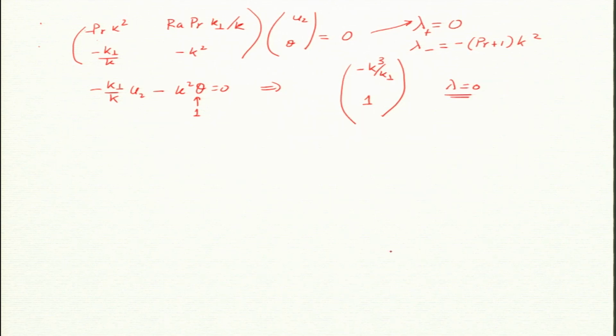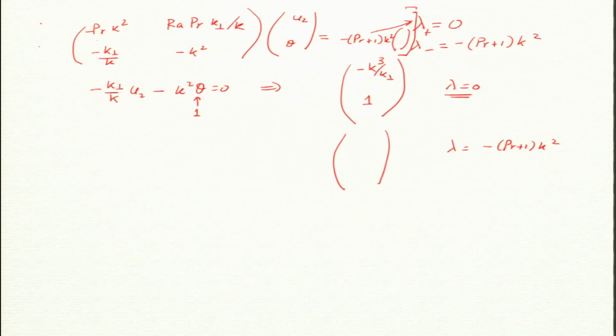So, the other one, how do I find the other one? Instead of 0, I put minus (Pr plus 1) k squared times this vector, correct. So, that gives me, I will not do the algebra, which is straightforward, lambda equal to minus (Pr plus 1) k squared. By the way, the two equations are not independent, no?